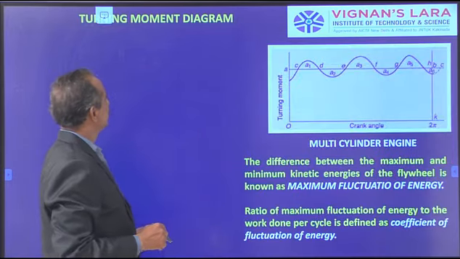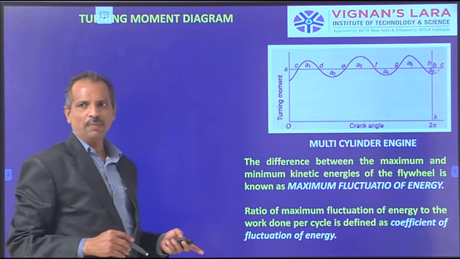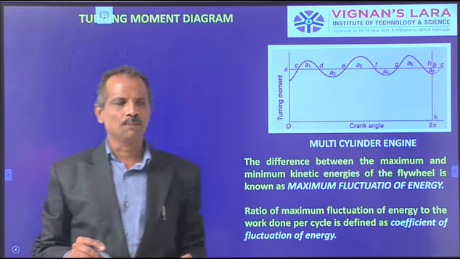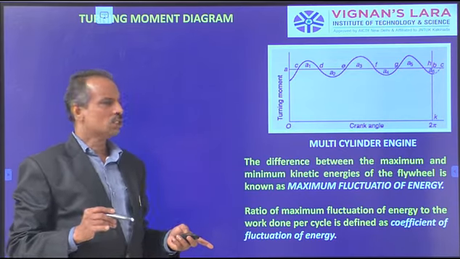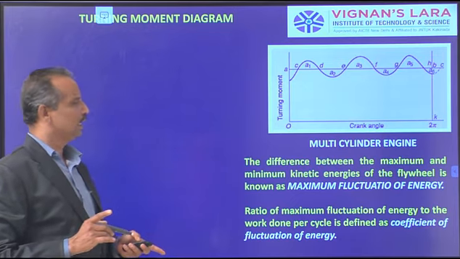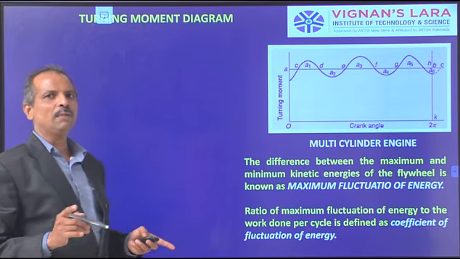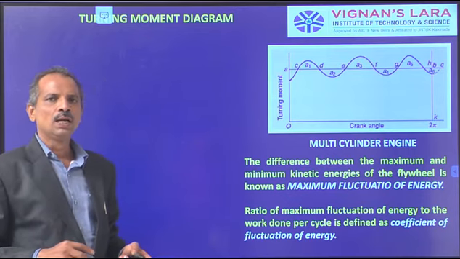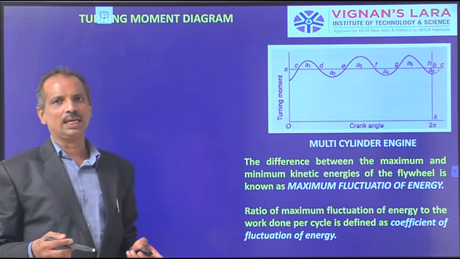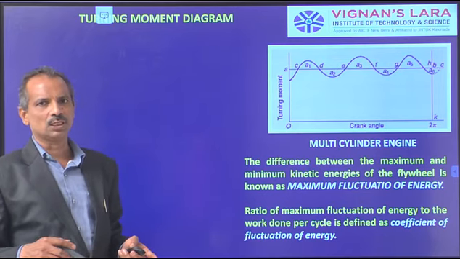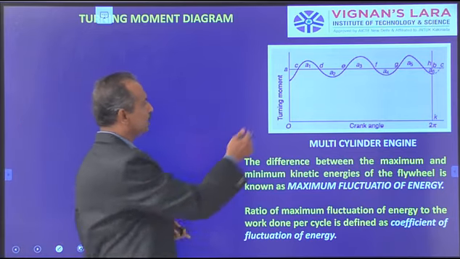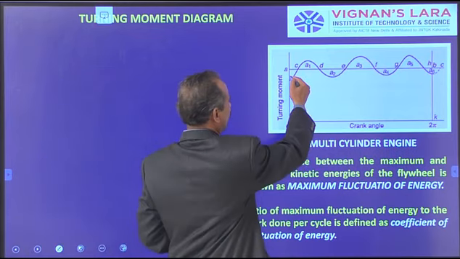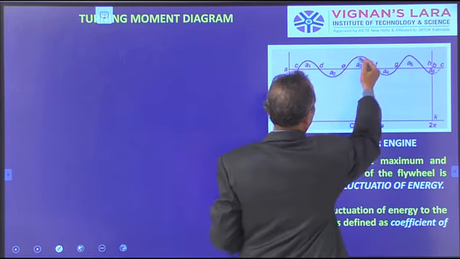And finally, this is the turning moment diagram for a multi-cylinder engine. What is this? Let us see. Instead of one cylinder, if you have more cylinders, you have power strokes simultaneously in one cylinder, another cylinder, another cylinder. As you have more cylinders, your turning moment variation is more uniform. Here the turning moment diagram varies like this waveform.